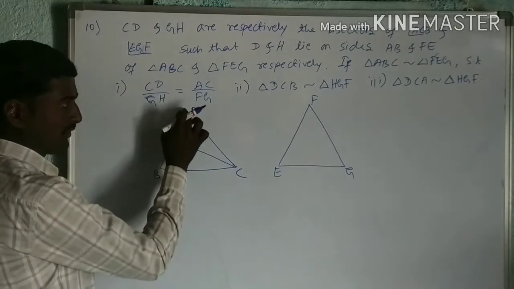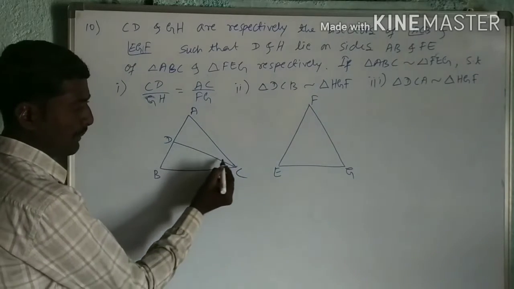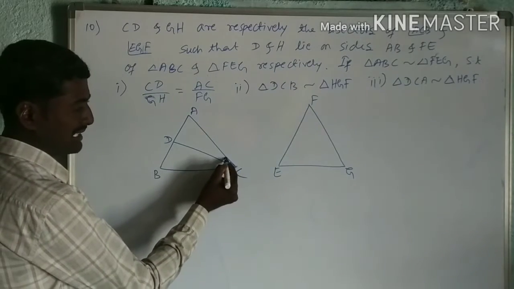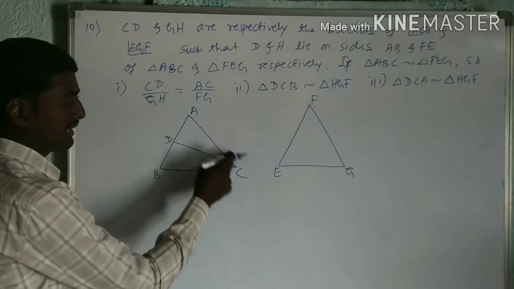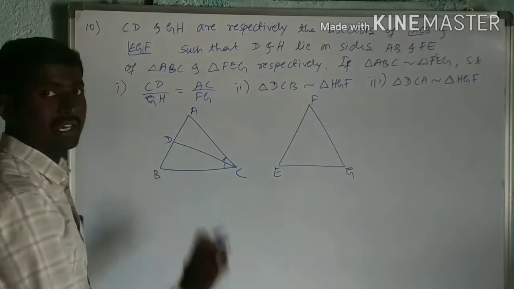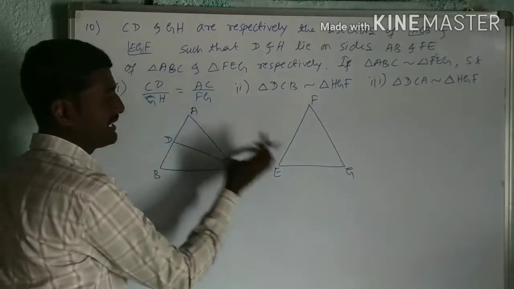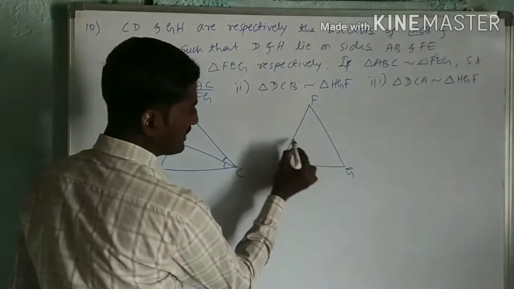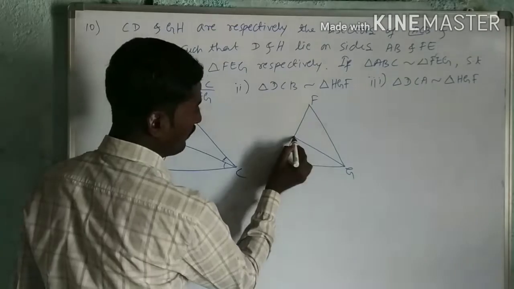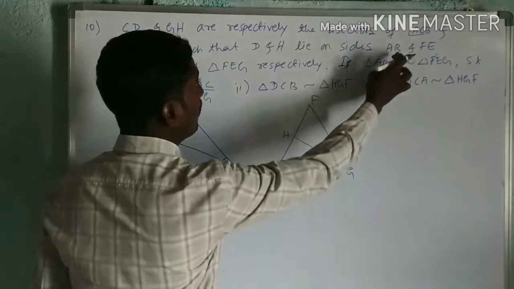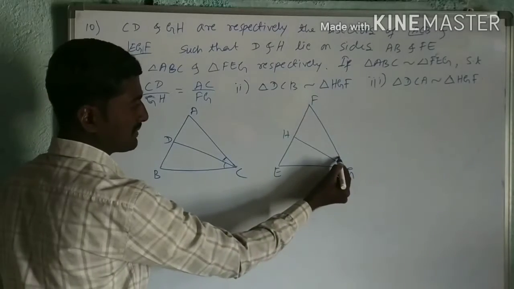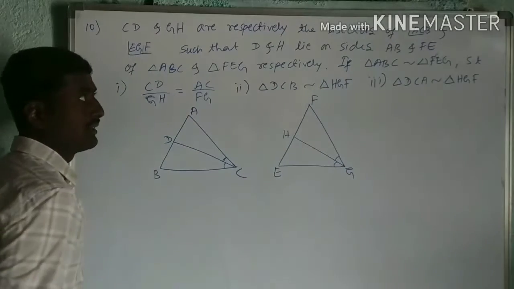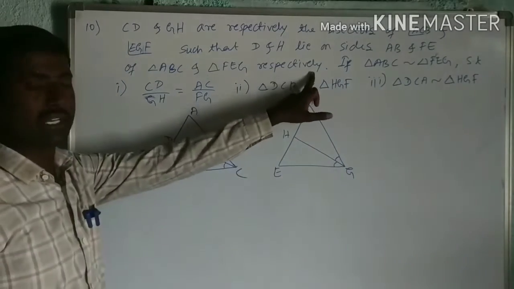A bisector means these two angles are equal. Next, GH is the bisector of angle EGF, which means these two angles are also equal.